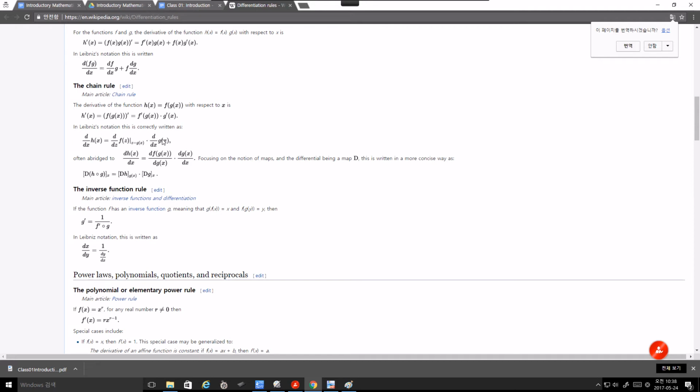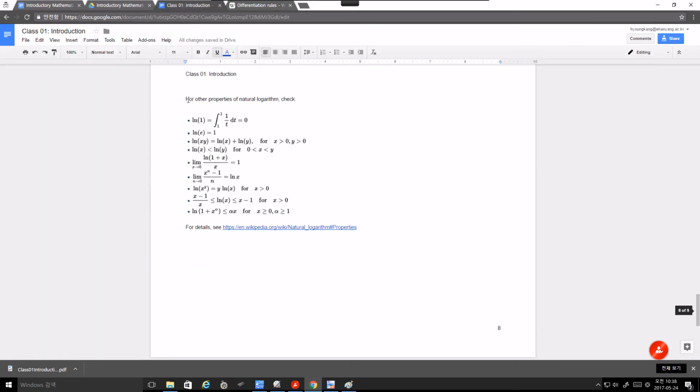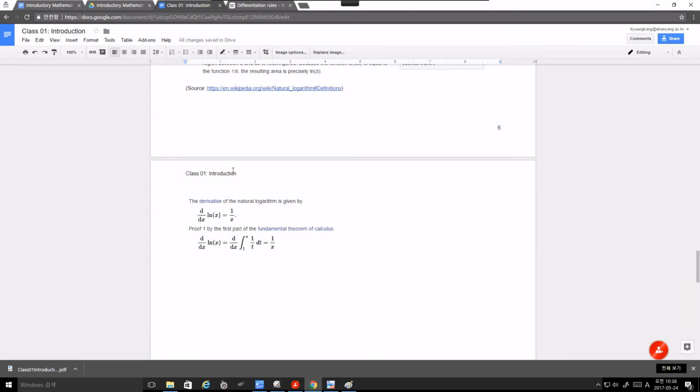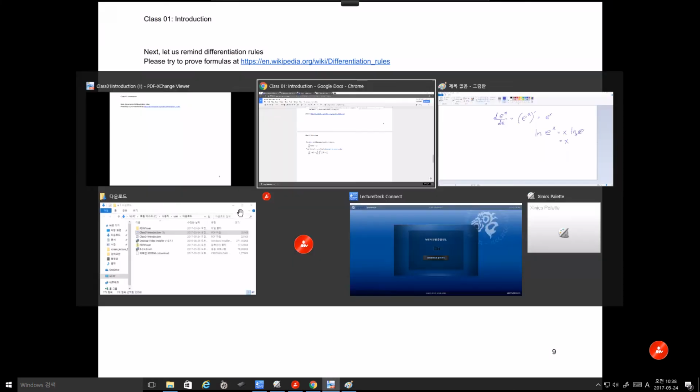In Leibniz notation, we have this one. Actually, if we use this chain rule, we can prove this one as well, more conveniently. Let me show you.